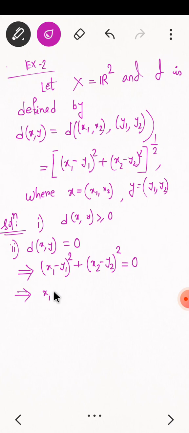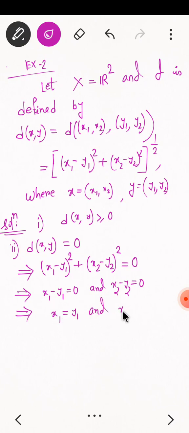So x1 minus y1 equal to 0 and x2 minus y2 equal to 0. This implies that x1 equal to y1 and x2 equal to y2, that is x equal to y. Conversely, if x equal to y, then the components are the same, so both quantities are 0, and D of xy equal to 0. So the second condition is satisfied.